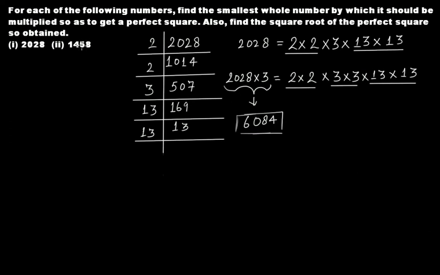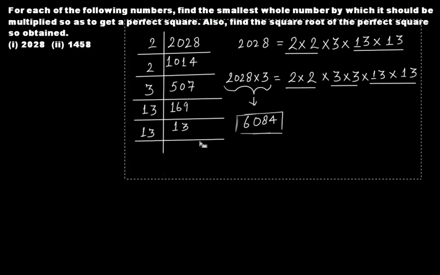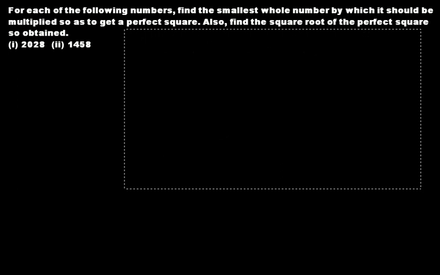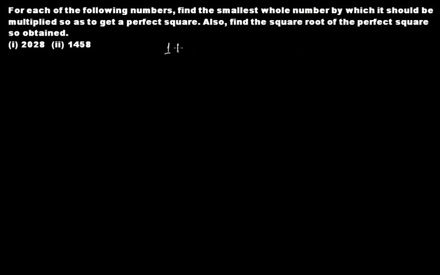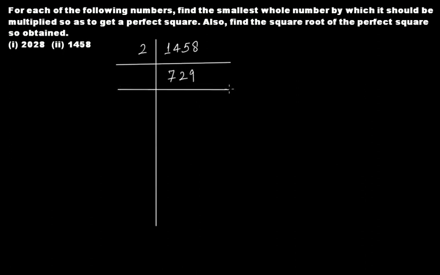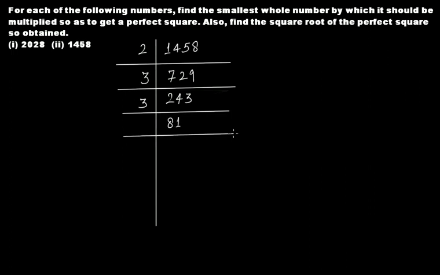Similarly, we'll do this for 1458. This is 1458, and let's do the prime factorization starting from 2. So 2 7s are 14, 2, 729. Now this is 9, 2 plus 7 is 9, 1 plus 7 is 18, so clearly it's divisible by 3. So 3 2s are 6, 3 4s are 12 and 3 3s are 9. You get 3 8s are 24 and 1, 3 27, 3 9.